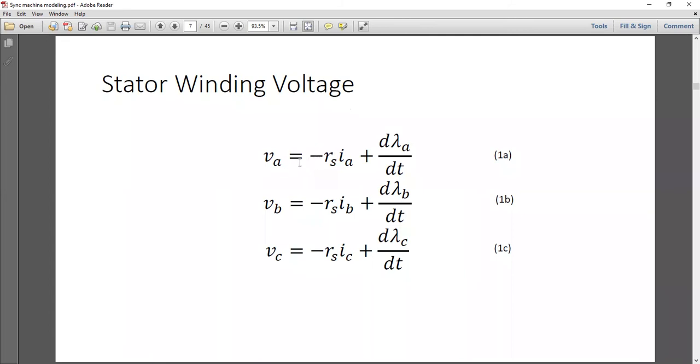But for synchronous motors, this will become positive, and VA, VB, and VC will become input voltages into the three stator coils. So you simply make them positive and proceed with the derivation as we are doing here. The modeling part is almost identical; you just have to take care of the current direction in the stator coils for the synchronous motor.